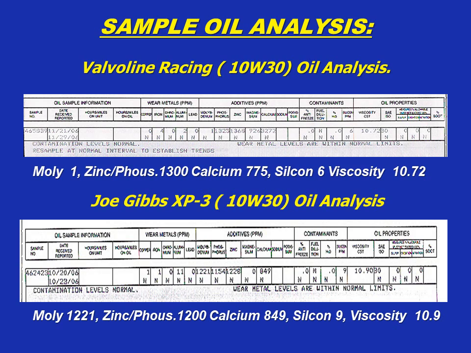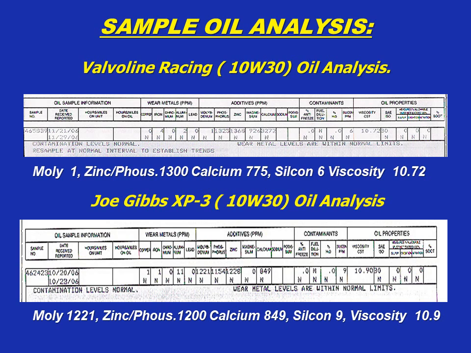Now, for instance, here's an oil sample analysis of a Valvoline Racing 10W30 synthetic racing oil and a Joe Gibbs 10W30 racing oil, both from about 5 years ago. You can see just because it says racing on the outside, it really doesn't mean what's on the inside.